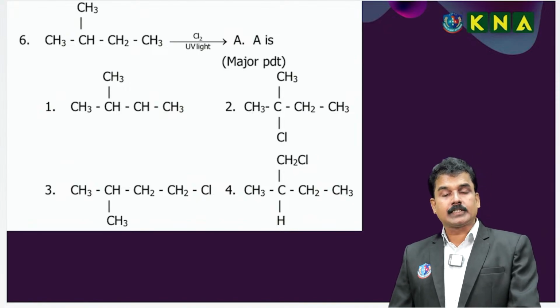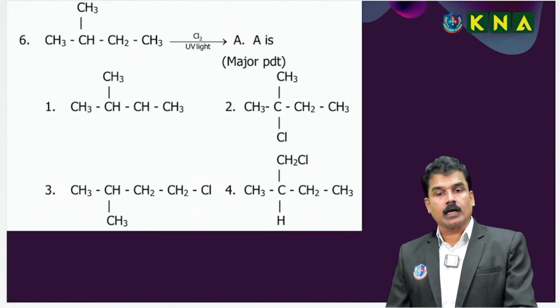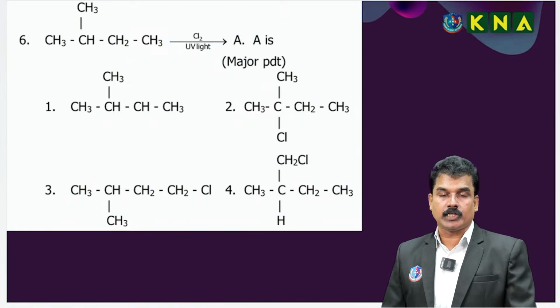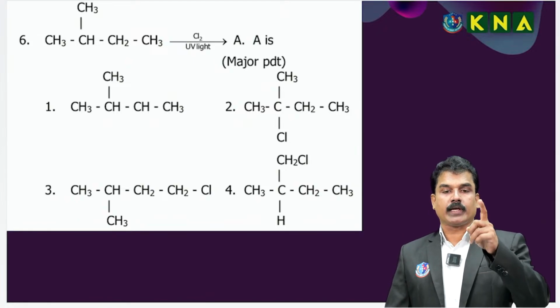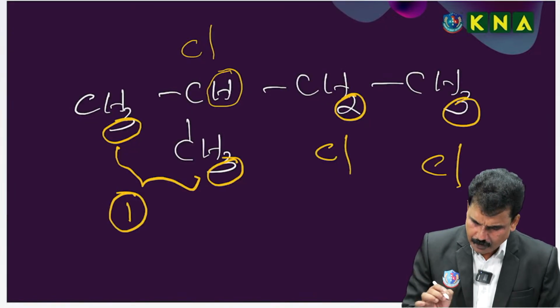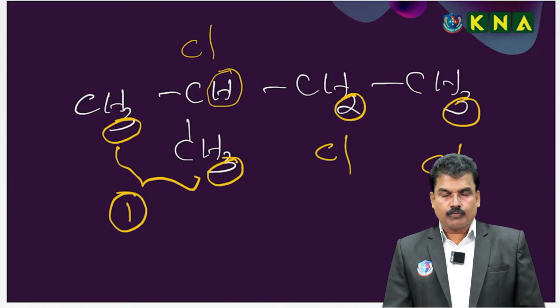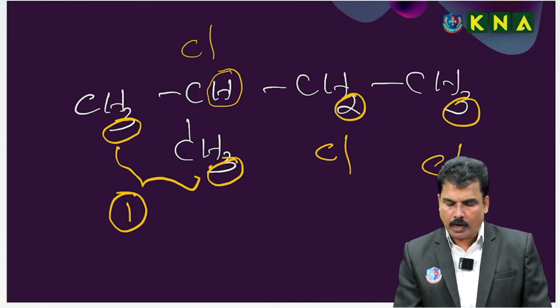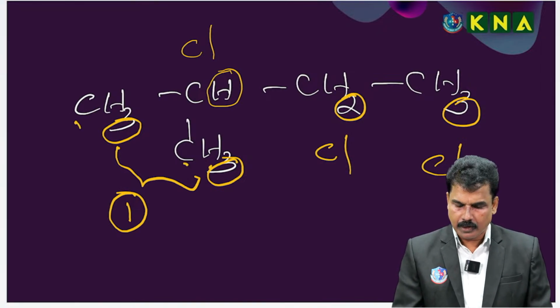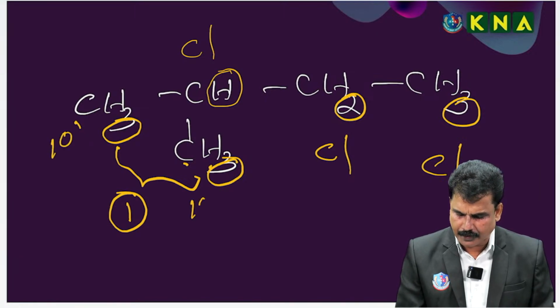Here they are asking which one will be the major product of this reaction. Major product means which hydrogen will be readily replaced and you are getting a stable free radical. Among the free radicals, first hydrogens from the CH3, these two CH3, I am replacing hydrogen, you are getting a primary free radical. In the two cases, primary free radical.